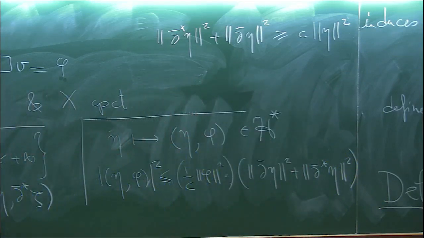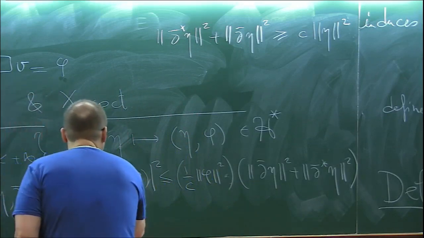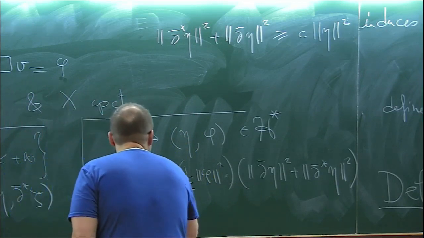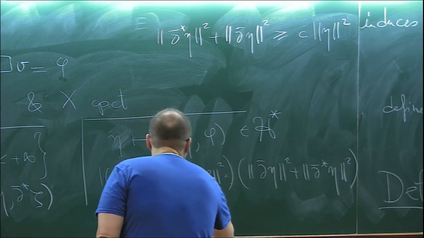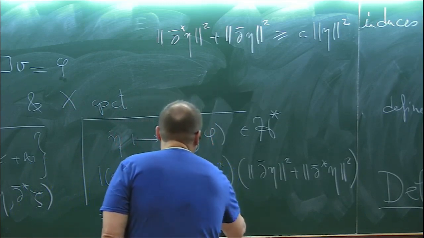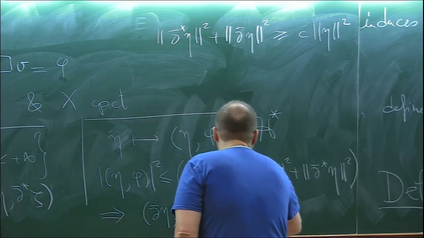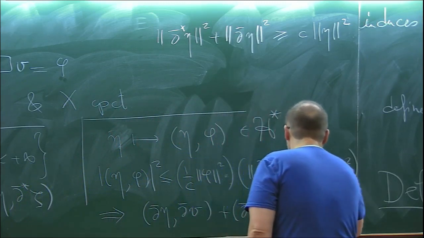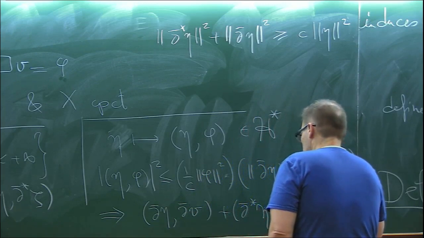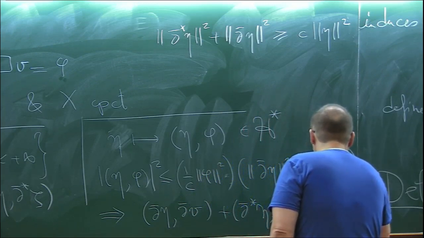Right? So by the Riesz representation theorem, there's some V which represents it. And so what you get is that this V satisfies the inner product of d bar eta with d bar V, plus the inner product of d bar star eta with d bar star V, equals the inner product of eta with phi.